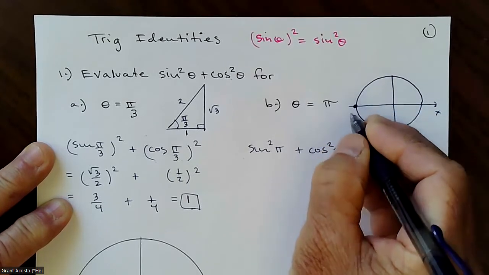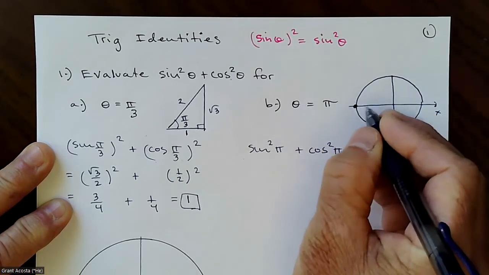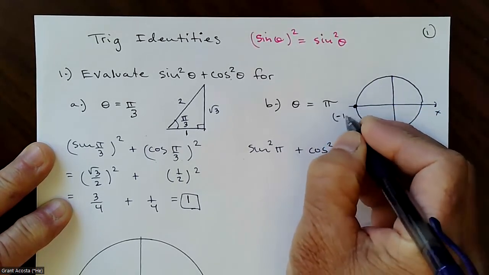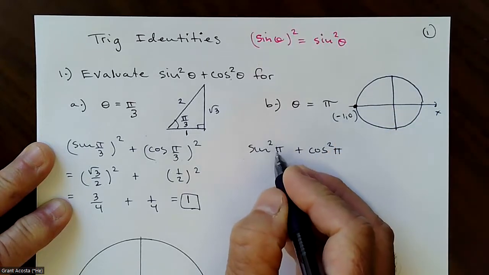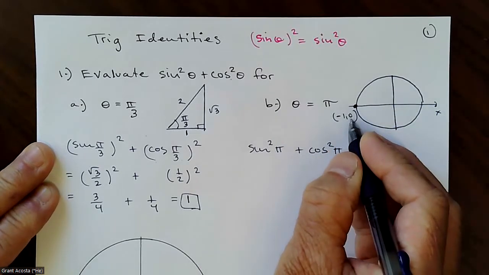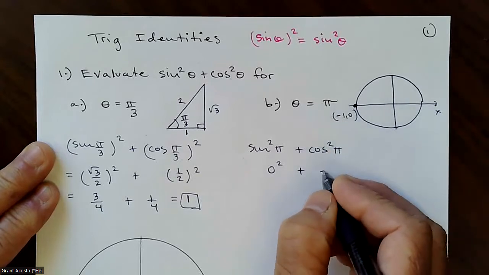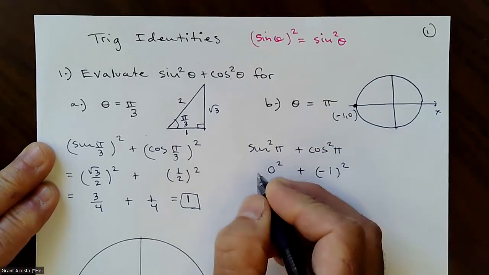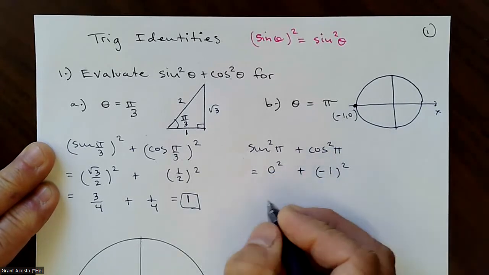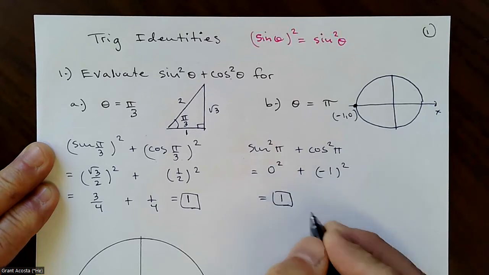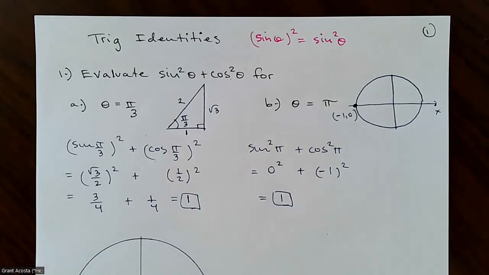At pi, the coordinate of this point, if this was a circle of radius 1, would be -1, 0. The sine of pi is literally the y-coordinate, so you'd have 0 squared. Cosine of pi is the x-coordinate, plus -1 squared. And that also gives me a sum of 1.